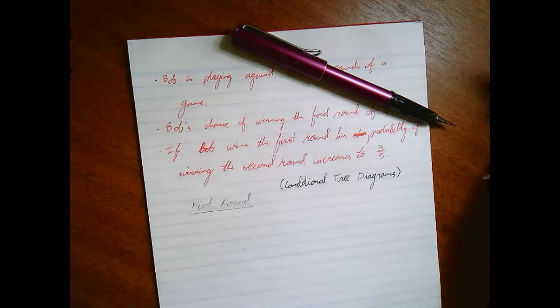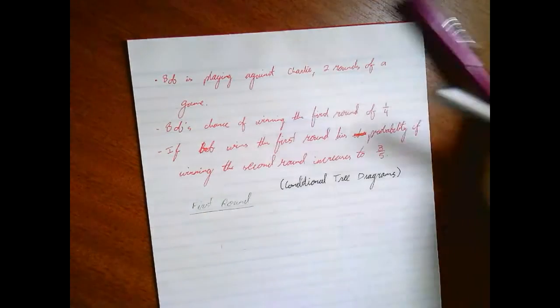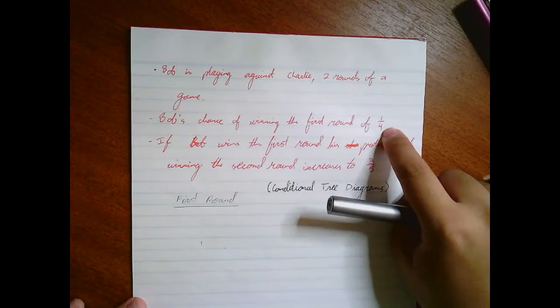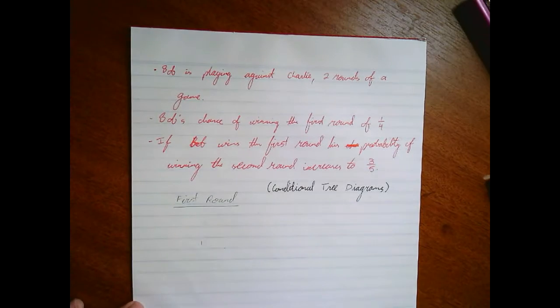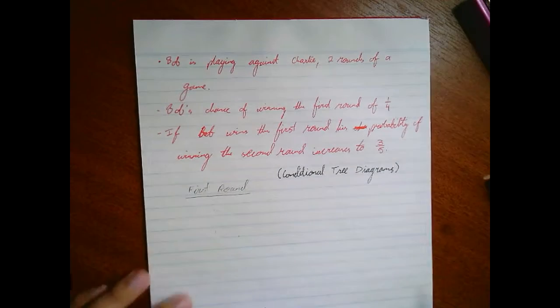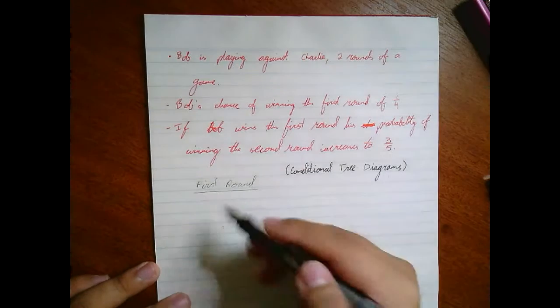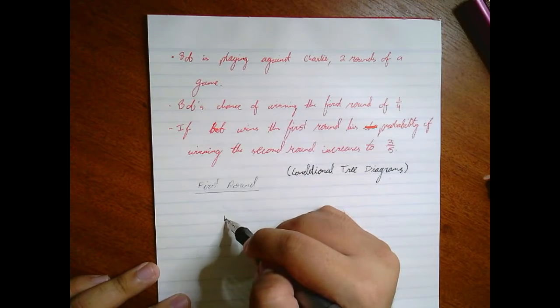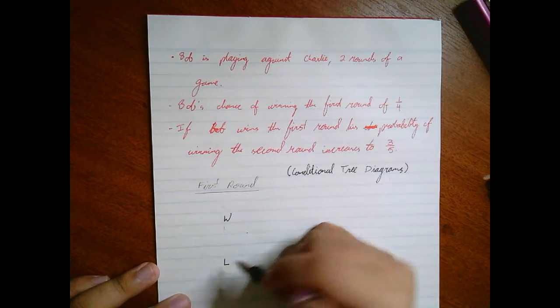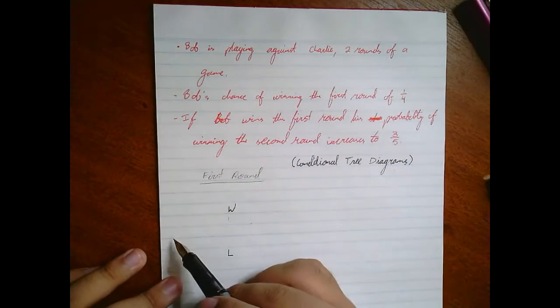Rather than representing it physically as 1 in 4, like I showed, 1 chance of winning in 4, well, let's think of it this way. Bob can either, in the first round, win or lose, correct? Let's just draw this for now.